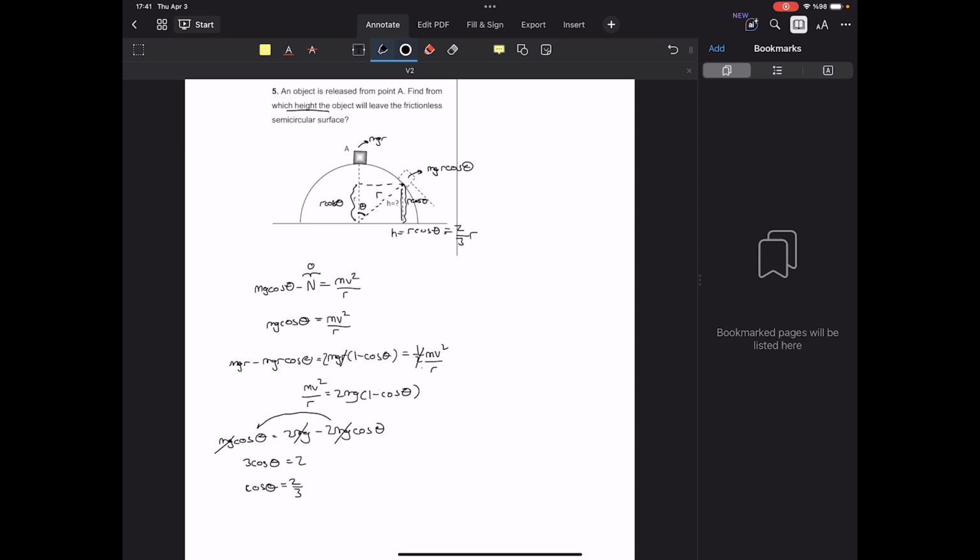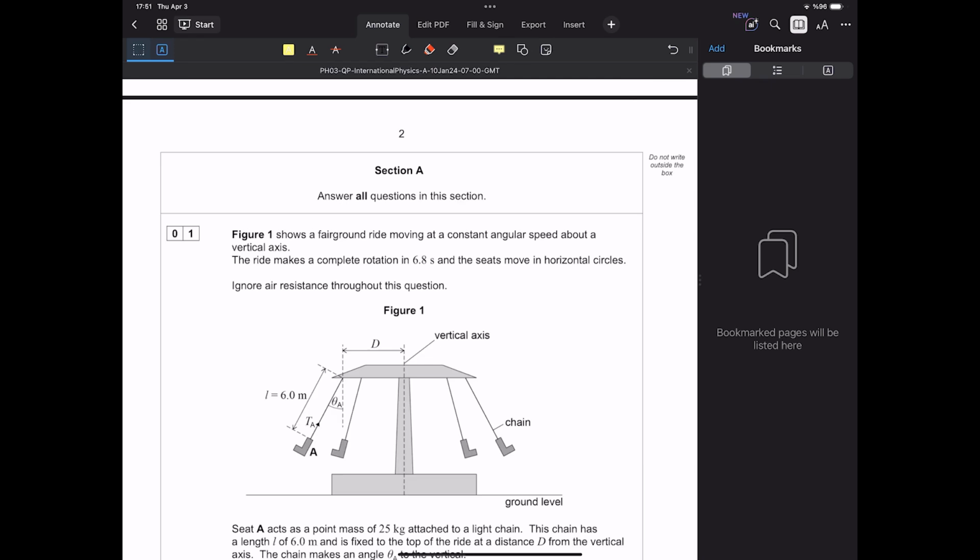You can also be asked, for example, about an object that's swung around with a string, and you need to figure out the force of gravity acting on the thing and the tension force and whatnot, like a vertical tension question. Doesn't matter. Anyway, let me get to the A-level questions now.